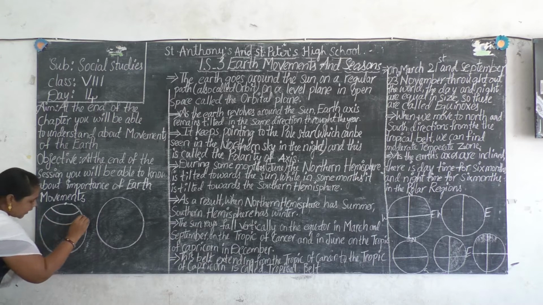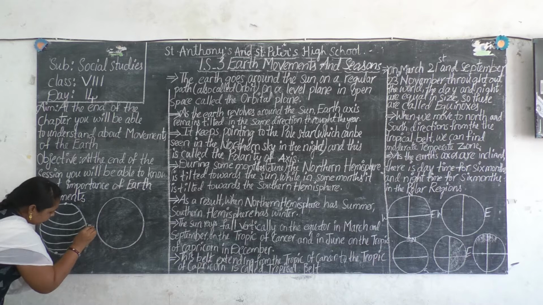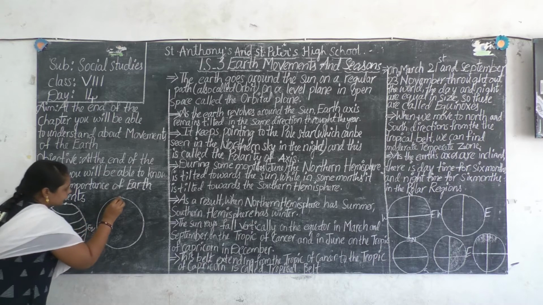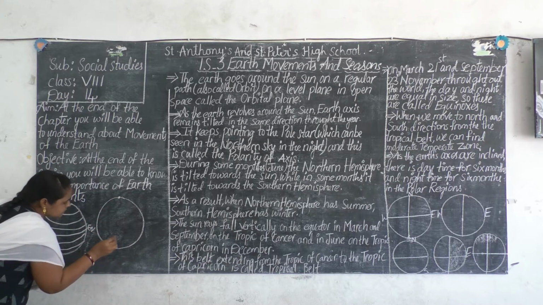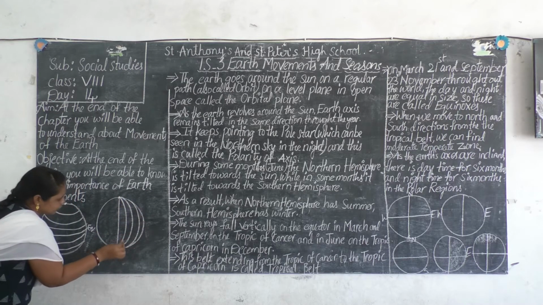These lines are called latitudes. And the longest latitude is called the equator. So this is the equator. And once again, North Pole, South Pole. And the important imaginary lines, these are called longitudes.